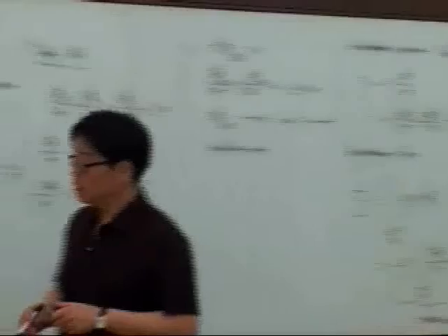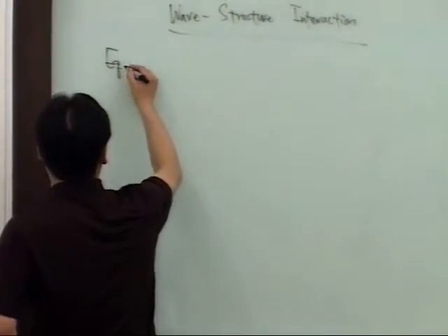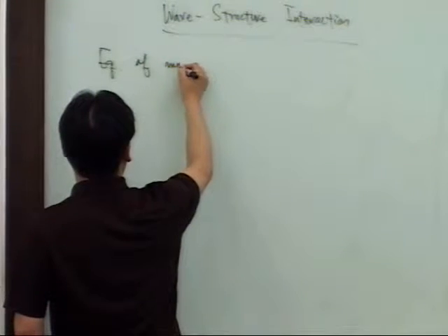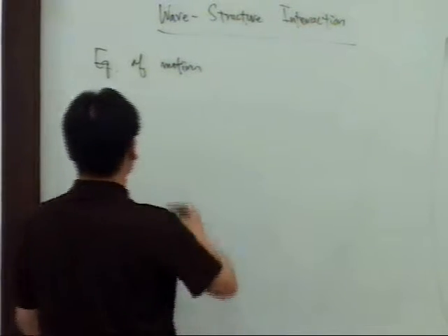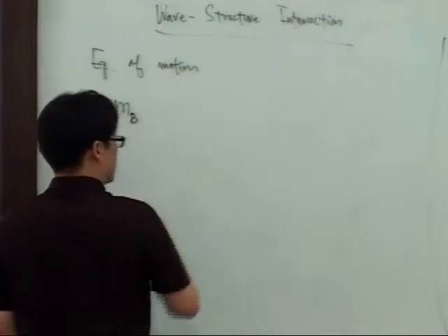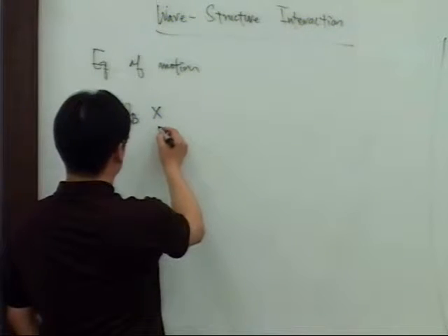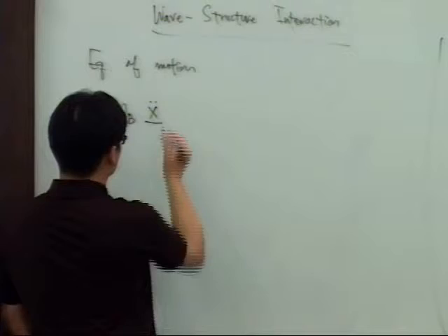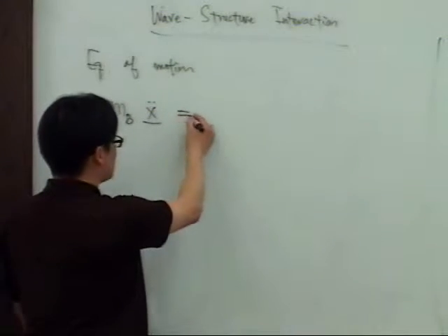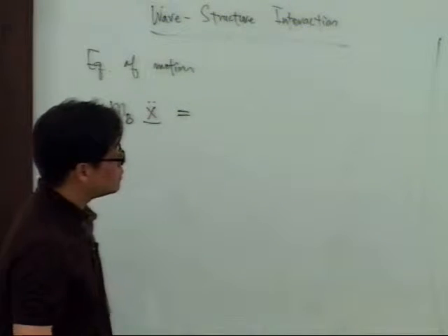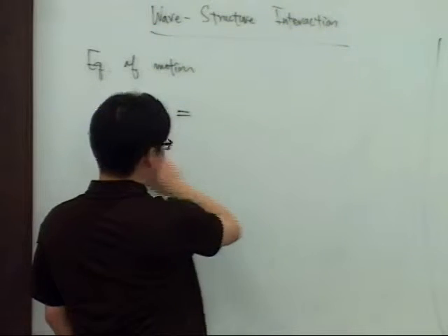So from there, we can write the equation of motion. Which says, the mass times acceleration, let's call it x, has to be balanced with the force applied to the body.